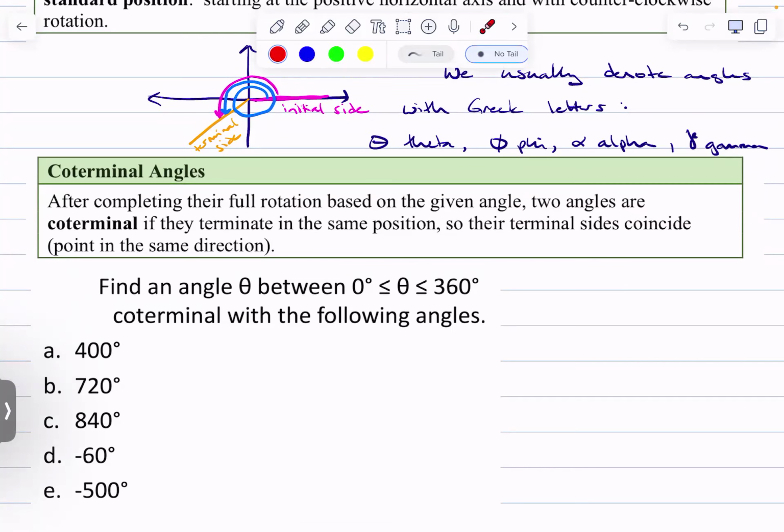Find an angle theta between 0 degrees and 360 degrees coterminal with the following angles.